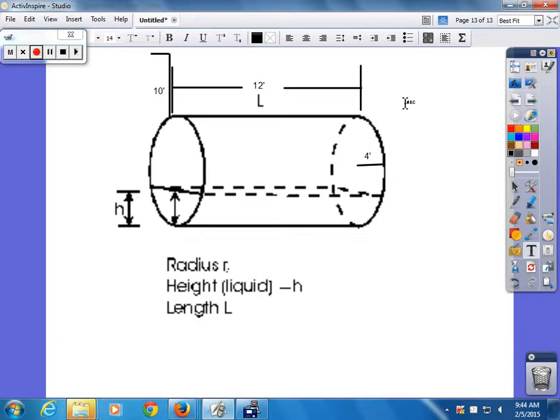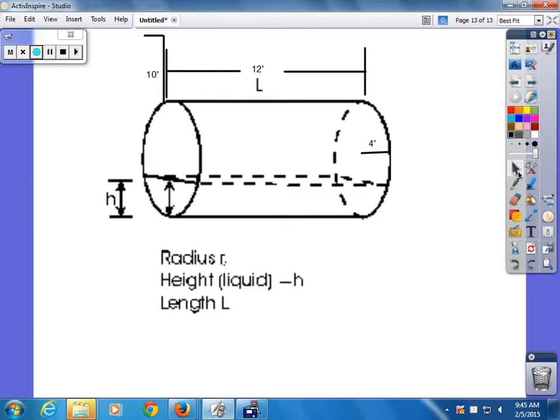And you're pumping out, we'll say, I think it's gasoline, but I'm not sure. I don't have the density. I didn't write down the density. We'll just use water. Okay, you've got a water tank and you're pumping out water.